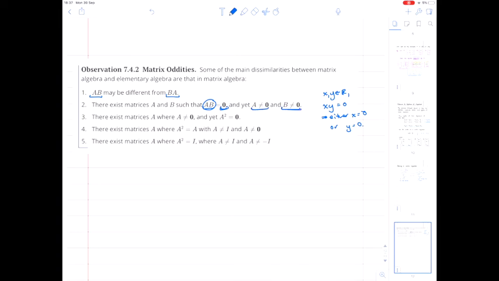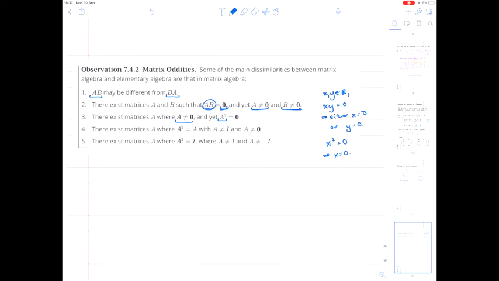So see if you can find yourself an example. And in fact, it gets worse than that. We can have a matrix A which isn't the 0 matrix, and yet when you square it, it gives you the 0 matrix. Now we know that if you have x squared equal to 0 and x is a real number, then we must have that x is equal to 0. So matrices really behave quite differently.